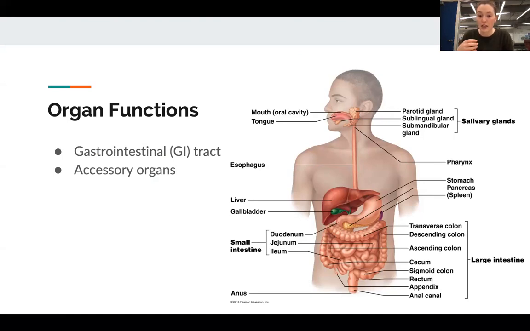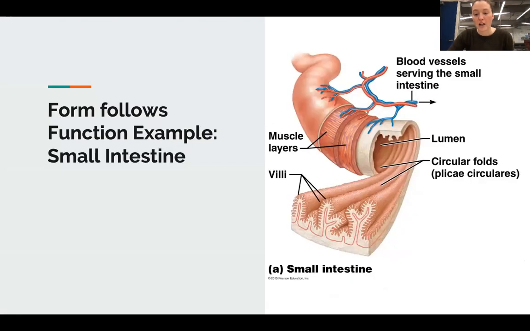But it's really important that, again, we're seeing this form fits function trend in the small intestine. The small intestine is designed and has become evolutionarily fit to aid in absorption of nutrients. That is the ultimate goal of our digestive system, is to bring nutrients into our body, all right, for our body to use and grow and all of that.